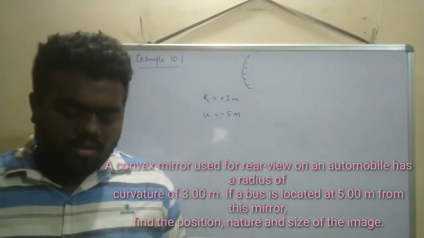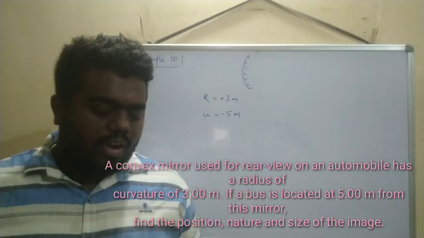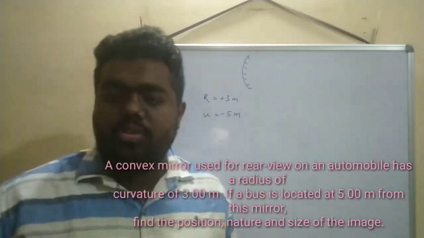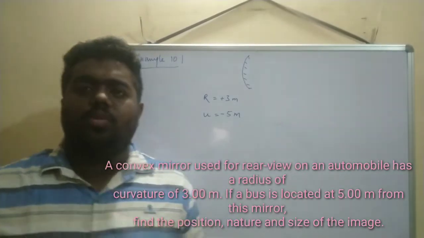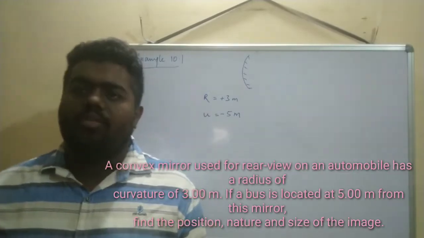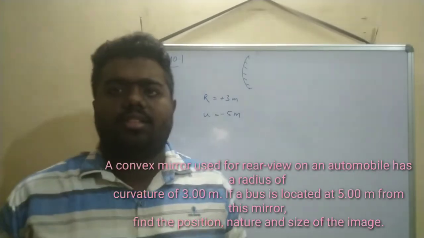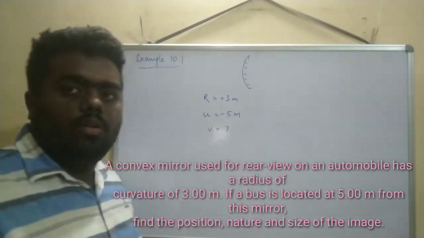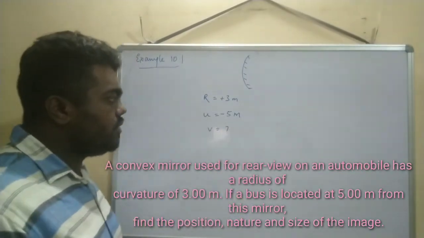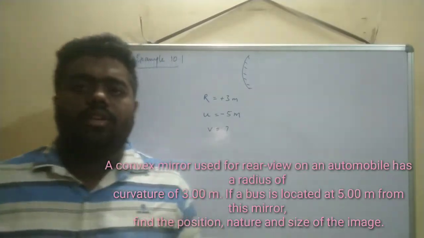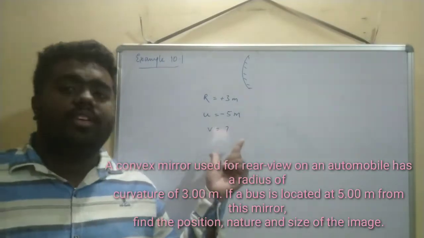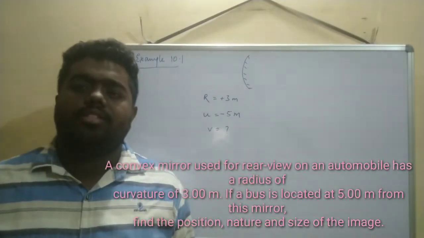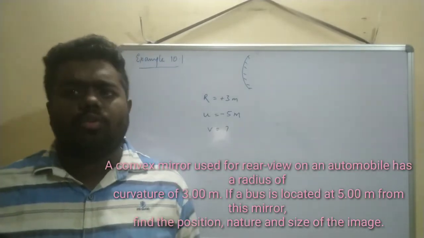Okay, now further find the position, nature and size of the image. Position of image means value of v, then size and nature we'll see. V is to be calculated. So what is the formula for calculation of v when u and f are given? 1 by f is equals to 1 by v plus 1 by u, the mirror formula.